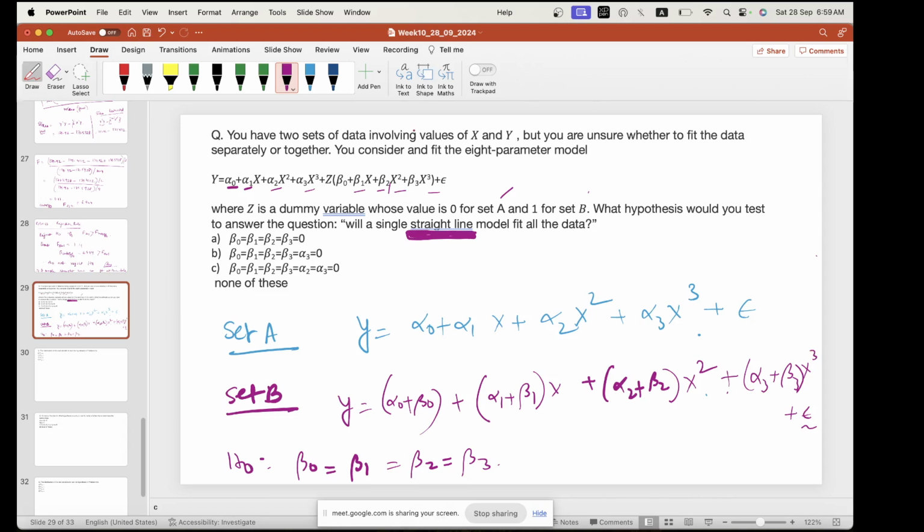Here they are asking, will a straight line model fit our data? Straight line means that x square and x cube terms should also not be there. So that becomes alpha 2 equal to alpha 3 equal to 0, and C is my correct answer.